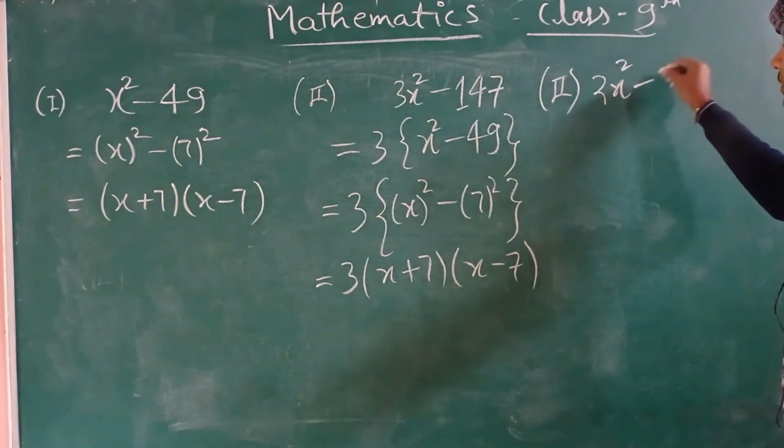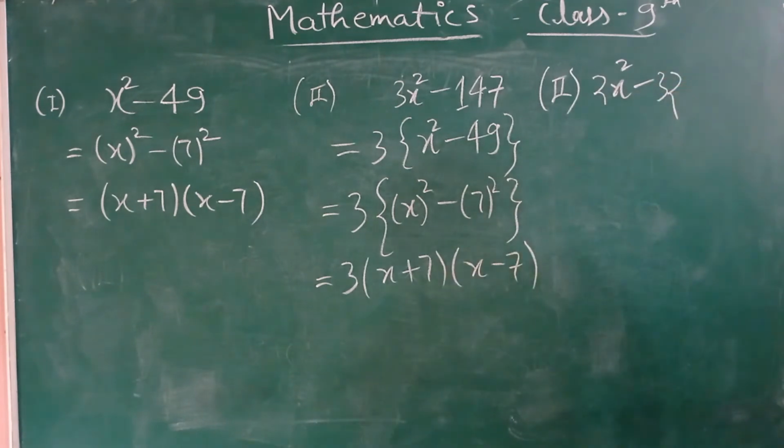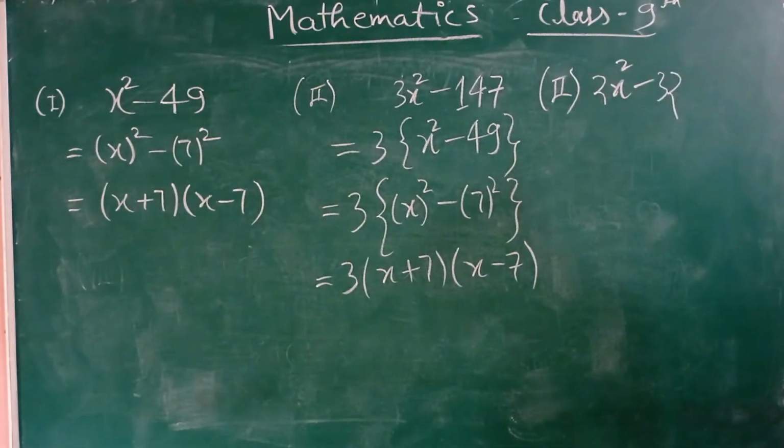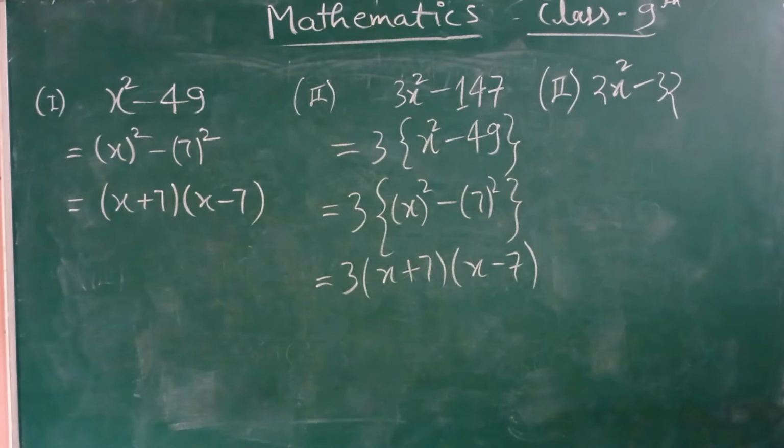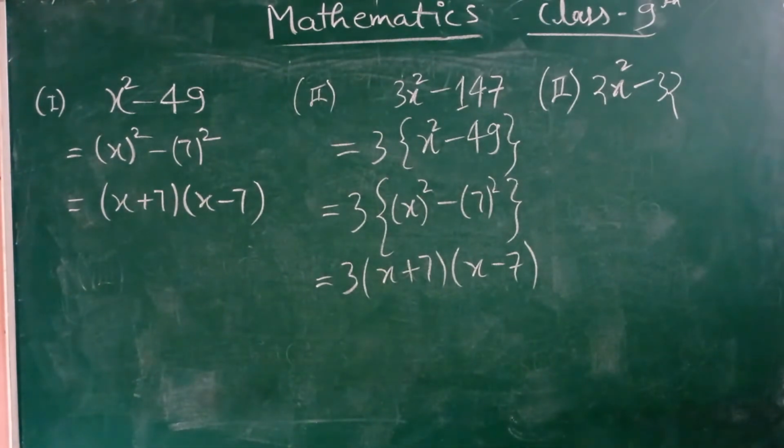2x square minus 32. Okay, you all are too good in mathematics. Just take 2 common. 2 is common, x square minus 16. 16 is 4 square.